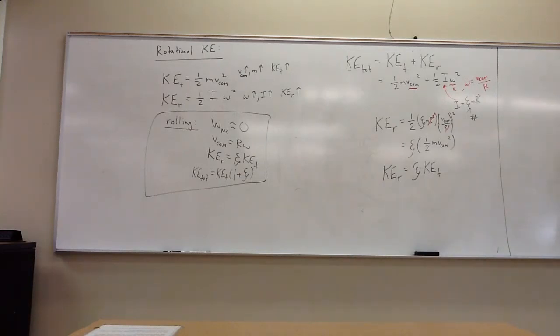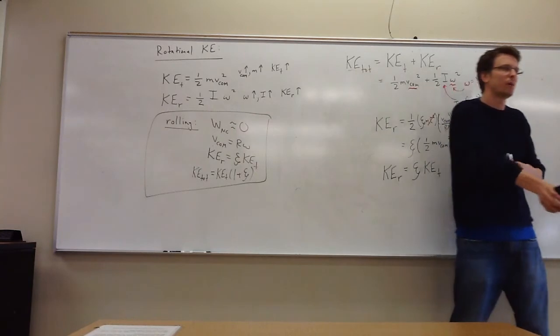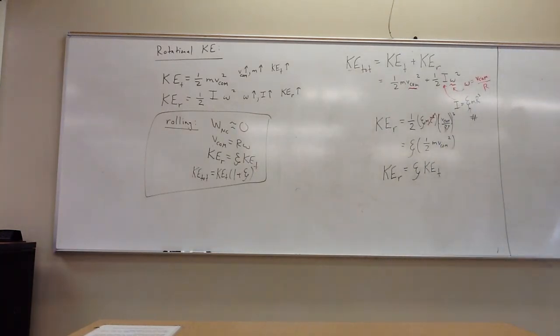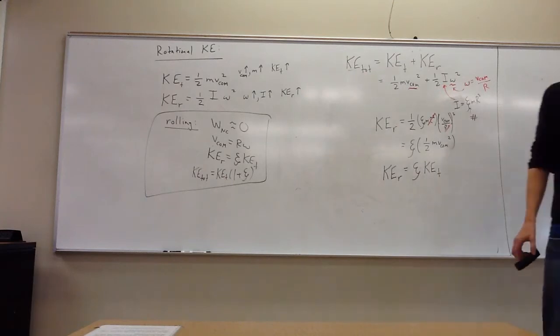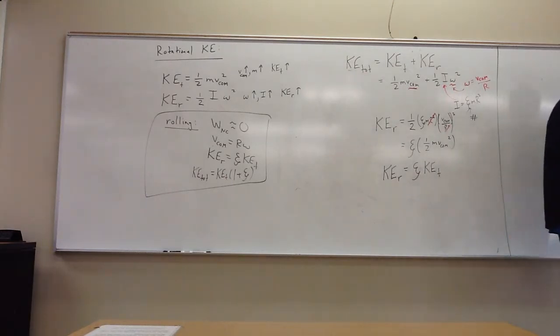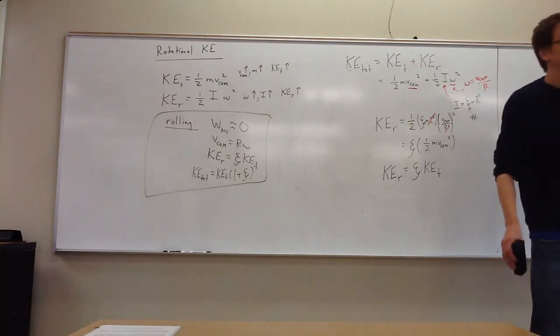So that box is invaluable for tackling any problem where something is rolling, and that's just what I'm about to do. I'm about to do an example problem where we use something that's rolling, and we're going to grab liberally from that box. Okay? Are there any questions before I do that?